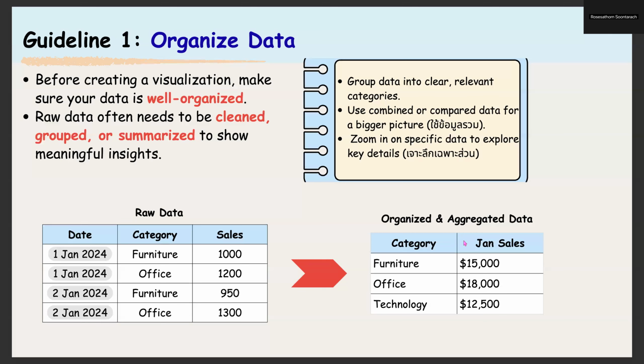For guideline one, the data organization. Before you create a visualization, you need to make sure that your data is well organized. The raw data often needs to be cleaned, grouped, or summarized to show meaningful insights.